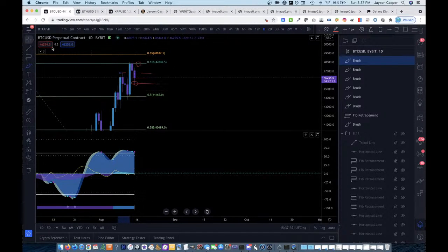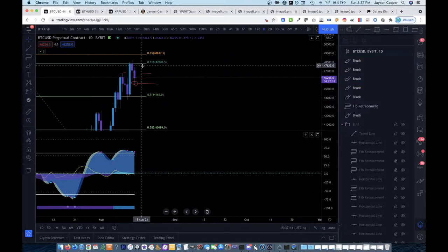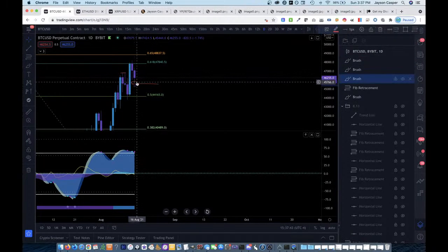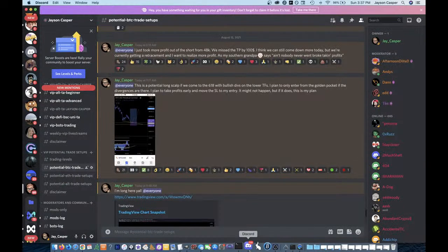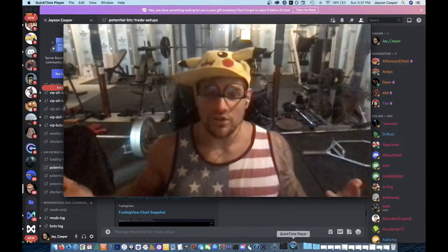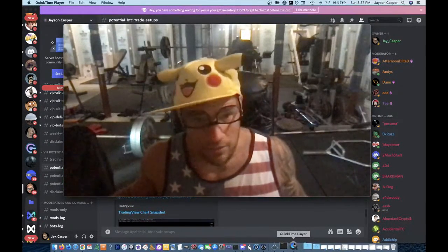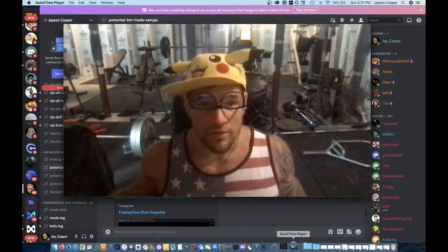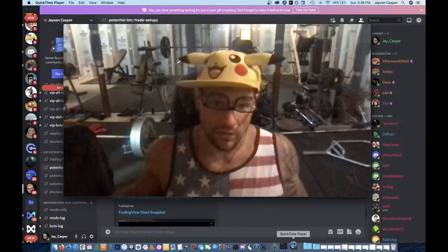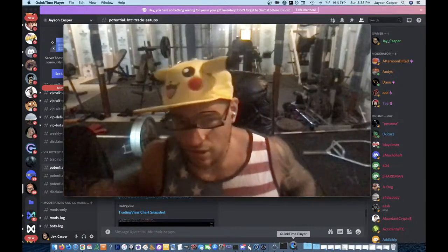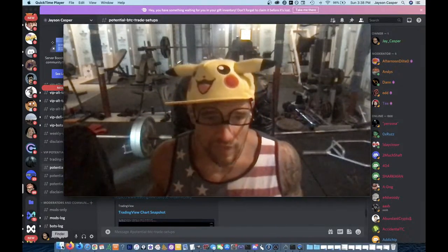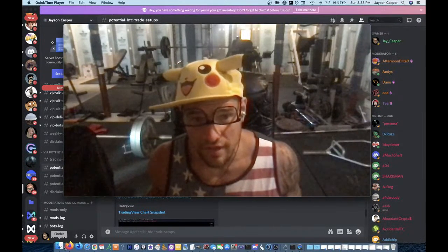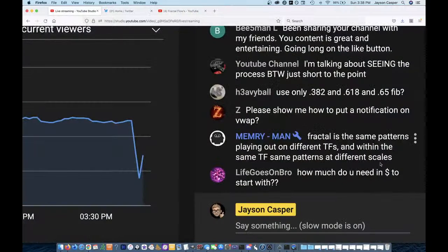Shout out to Steve Knows, because he has a similar method to mine, where we enter trades and then take profit out along the way up, like 10% here, 5% there. Because if you're taking profits out along the way up, you still have a decent amount of position open in case we pump up to 100K and Elon Musk comes out with his Twitter. But if he doesn't and we dump, or he comes out with the other kind of Twitter, the environmental type of Twitter, then you still made money on the trade. My swing trades, I usually set more concrete take profit levels. But if I'm scalping, I just kind of take what I can get.